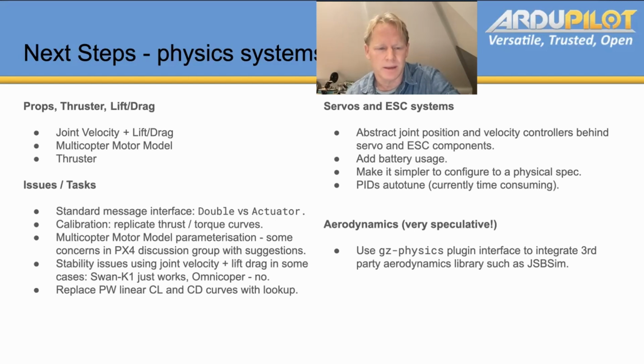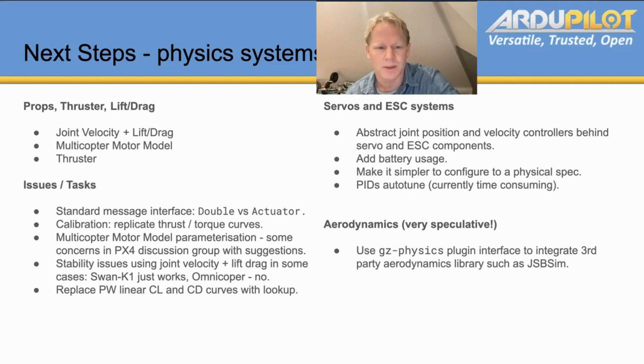I've noticed that in the approach we've generally used in ArduPilot, joint velocity with the lift drag plugins, there are some stability issues for particular models. The Swan K1 just about works with it. I mean, it does work, but it's not great.